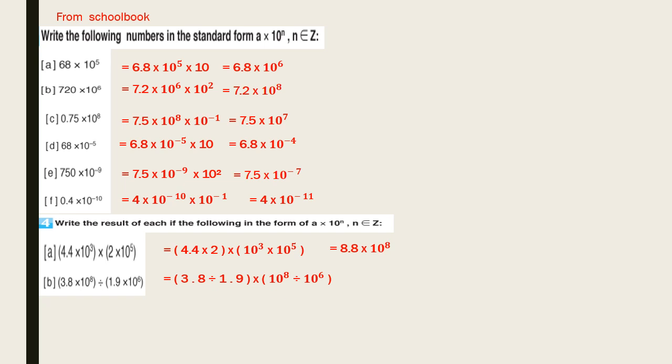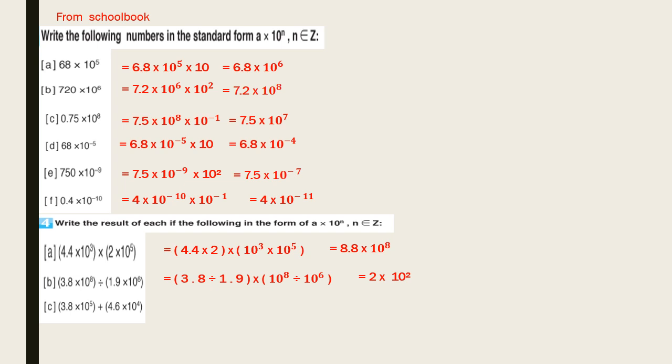Using the property, 3.8 divided by 1.9 will be 2. And 10 to the power 8 divided by 10 to the power 6, we divide equal bases, so we subtract the powers. 8 minus 6 equals 2. And this number is also in the standard form.